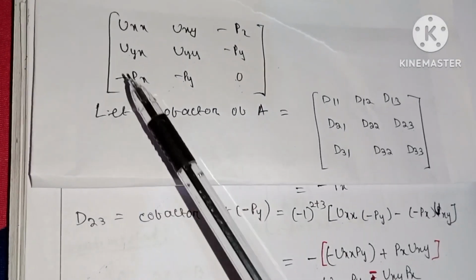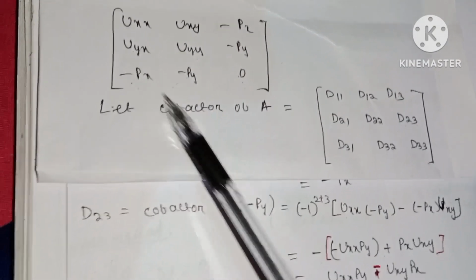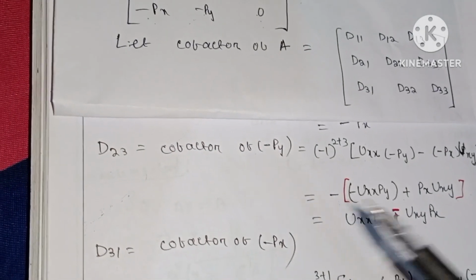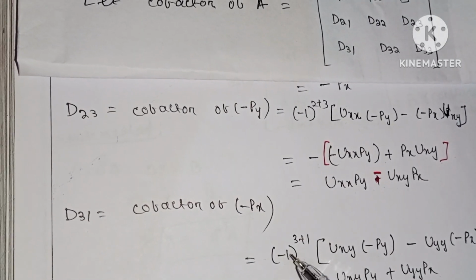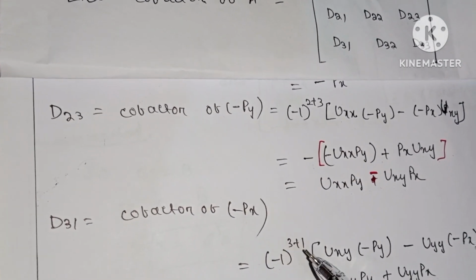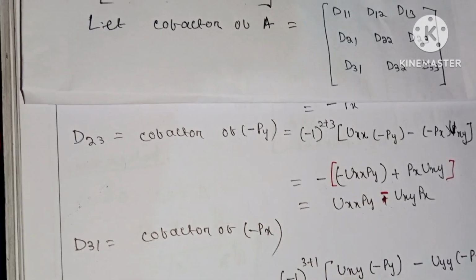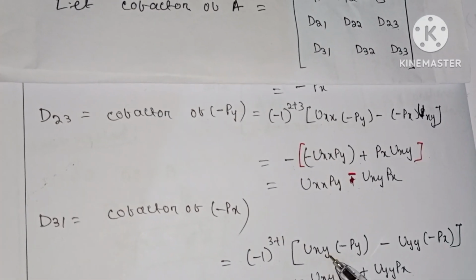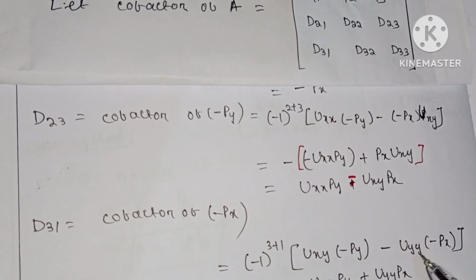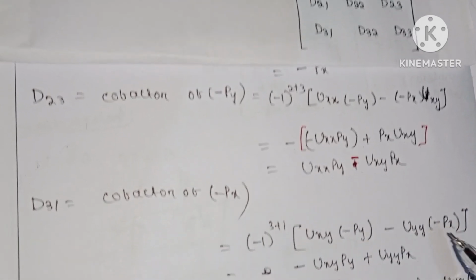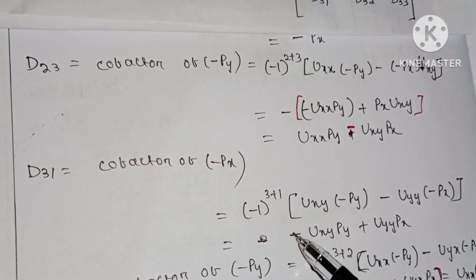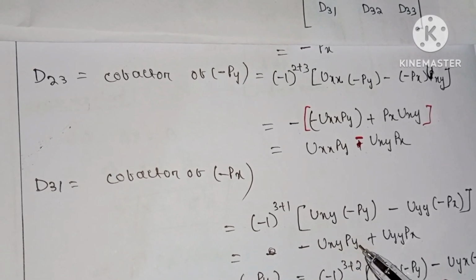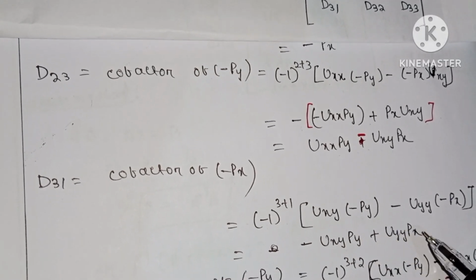Next, the cofactor of minus px equals d31. So this is equal to minus 1 to the power 3 plus 1, multiplied by uxy minus py minus uyy minus px. So finally we will get minus uxy py plus uyy px.